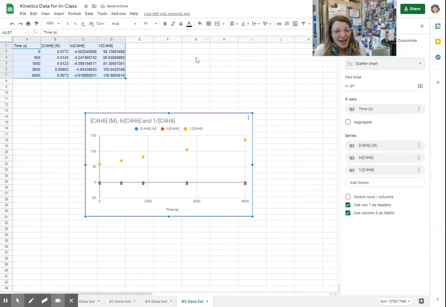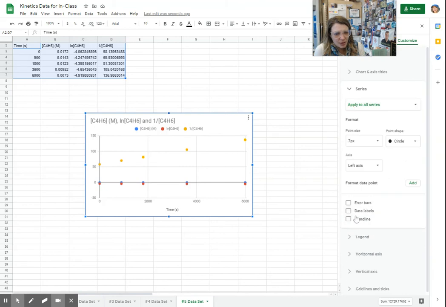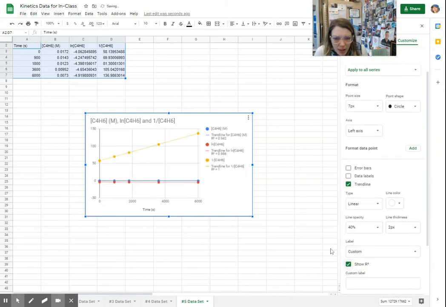I can't rule anything out. Let's just make sure that I chart everything correctly. If it's linear, blue is 0th, then first, then second order. Let's customize and get those R-squared values. I don't want to think too hard. Trend line, let's get that R-squared. Okay, who's the best? 1 over the concentration.